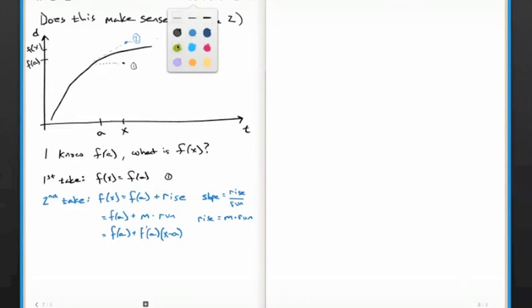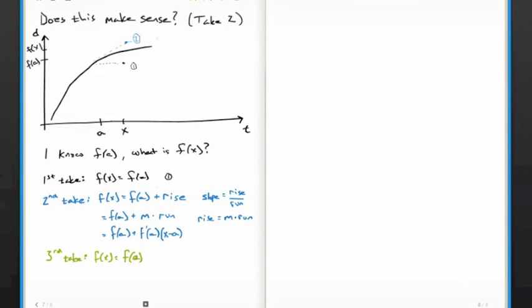So let's change colors and change thicknesses and make it a third attempt. Third take. I'm going to say that f of x equals f of a, right, which is my first attempt, which was close.